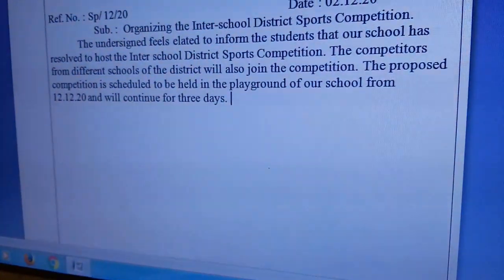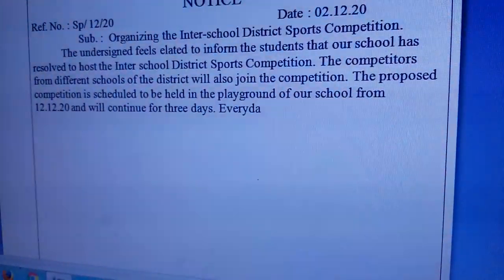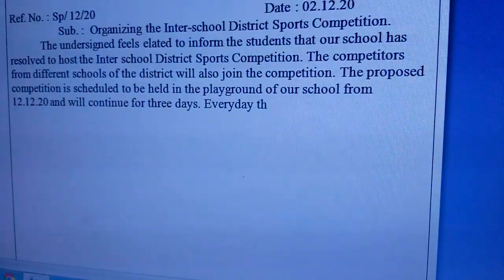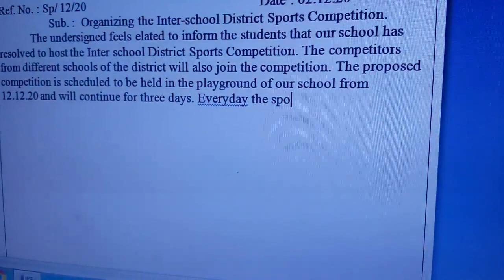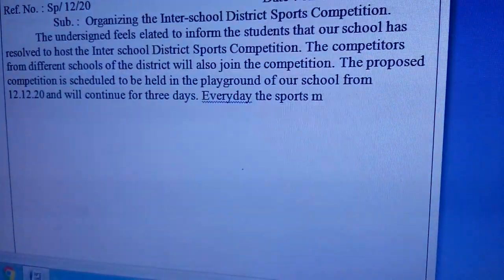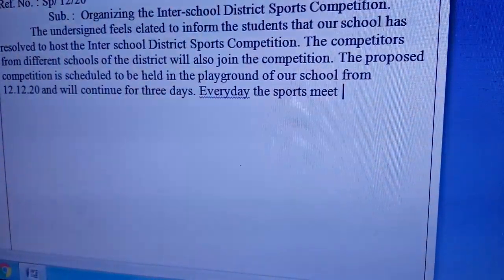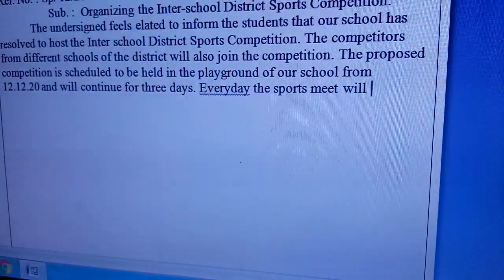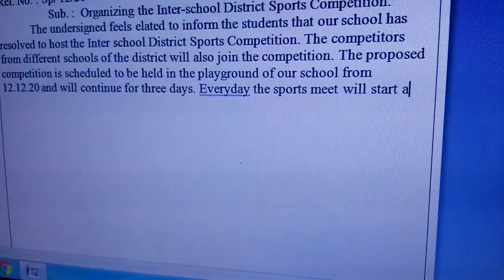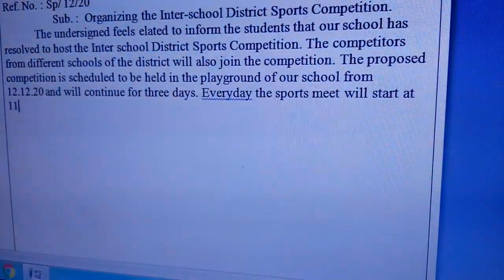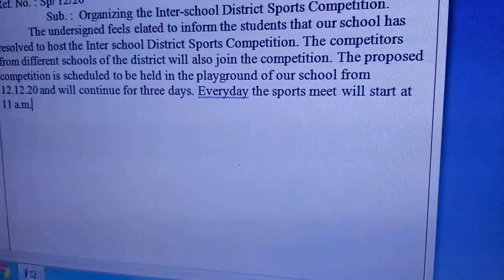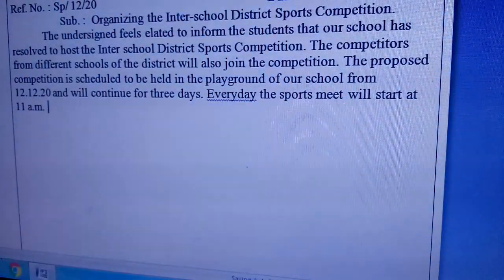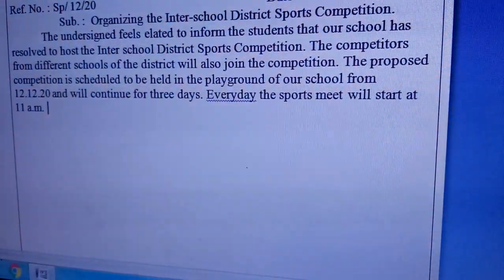Every day, the sports meet will start at 11 a.m. AM, PM must be written in small letters. Mind it, never forget it.